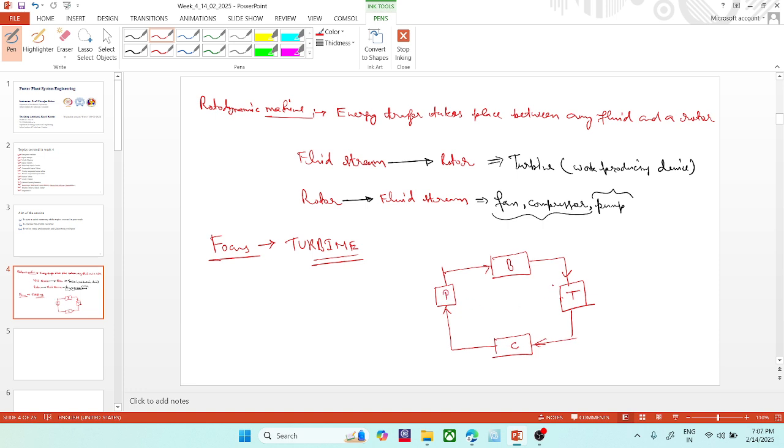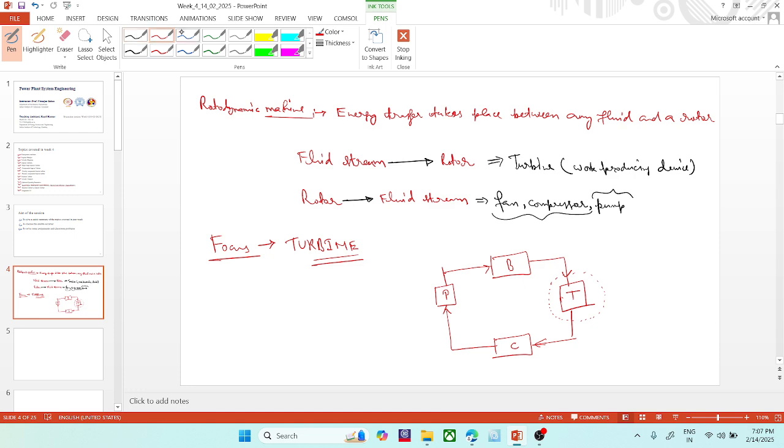So here, this turbine is the vital part of a power plant, which converts the heat energy to the mechanical energy. And these turbines could be axial flow or radial flow turbines. Here we will have a look at the classification as the impulse and reaction turbines.